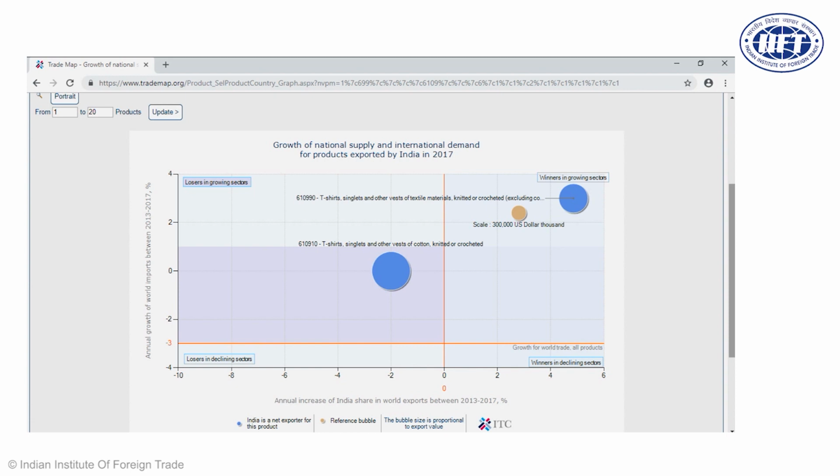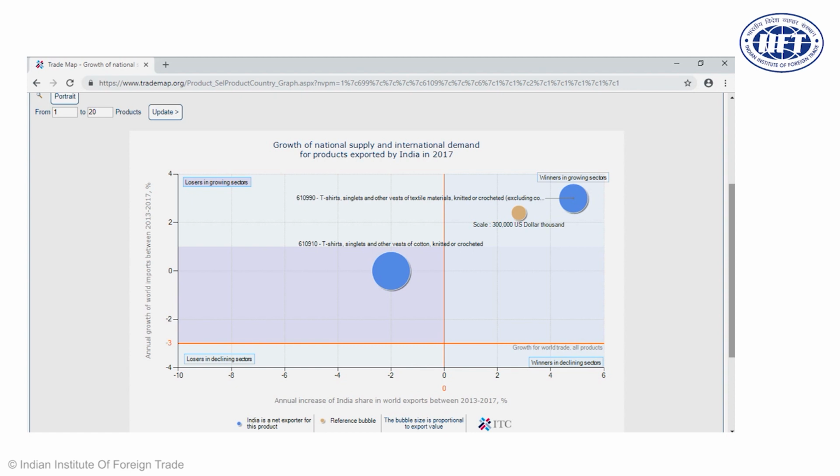On the left side of the vertical line are those products where India's competitiveness is going down or our export share is declining. The horizontal red line above that, the products can be called growing sector. Below that, the products can be called declining sector.